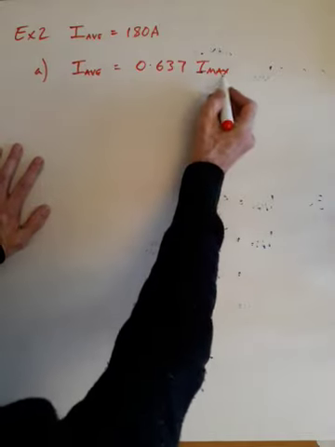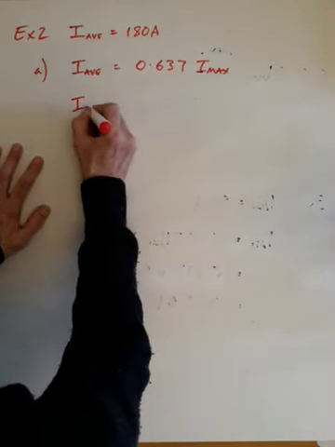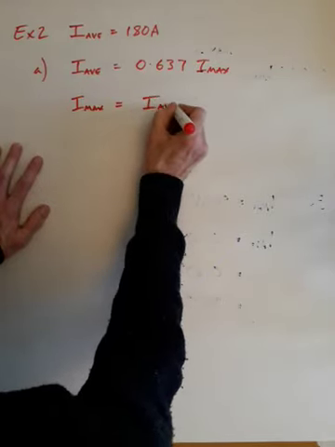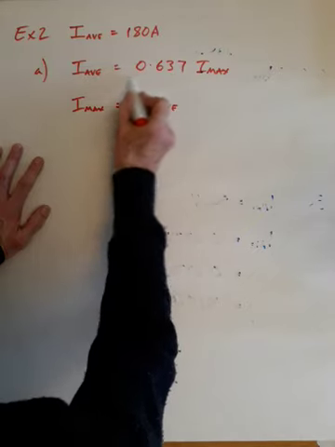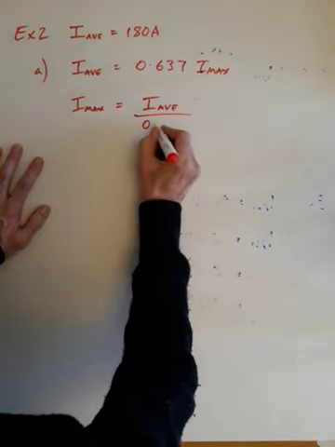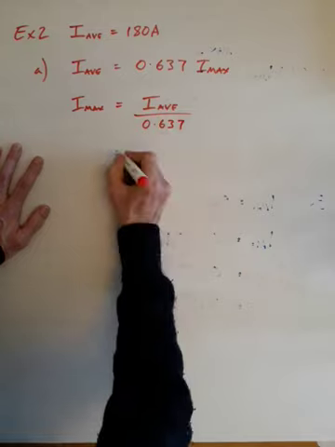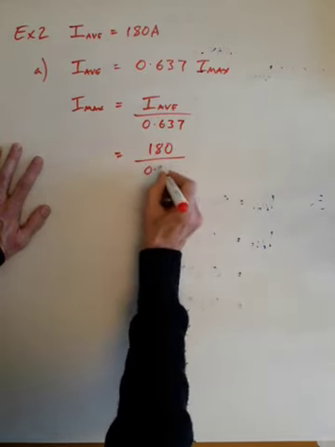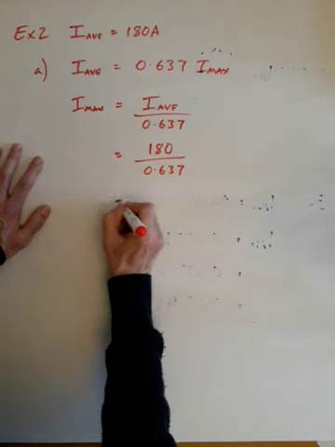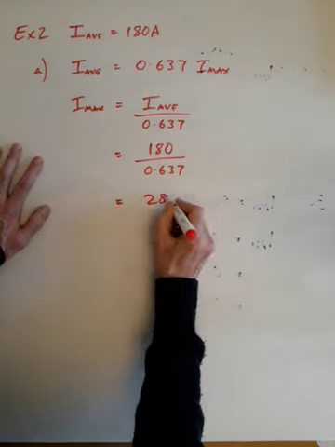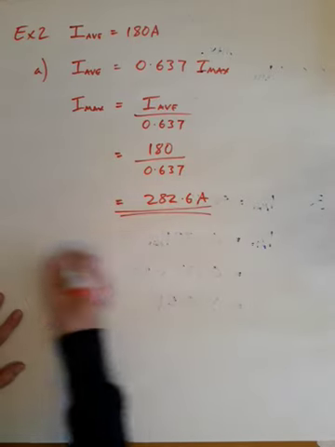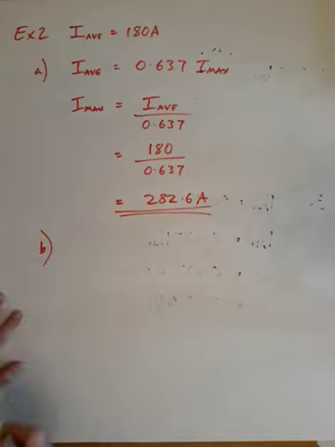So we're now going to transpose to make Imax the subject, so that becomes I average, and the 0.637 goes underneath I average. Put your numbers in. And that's 282.6 amps.